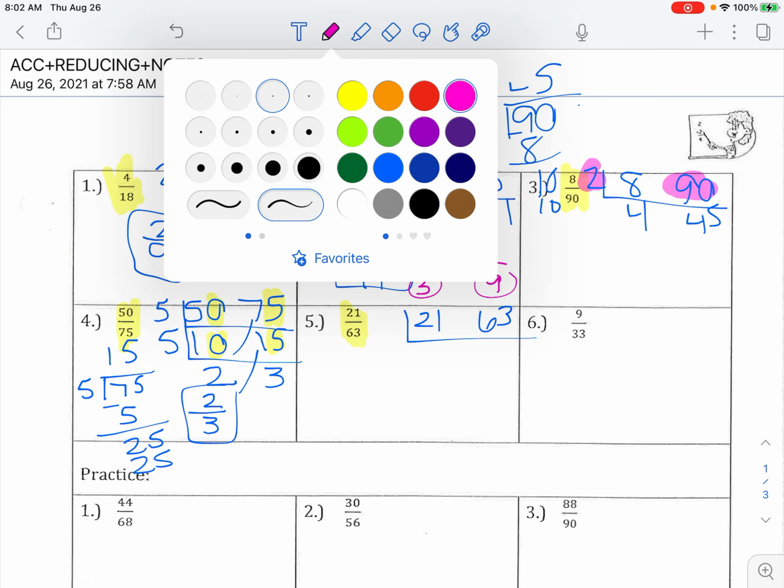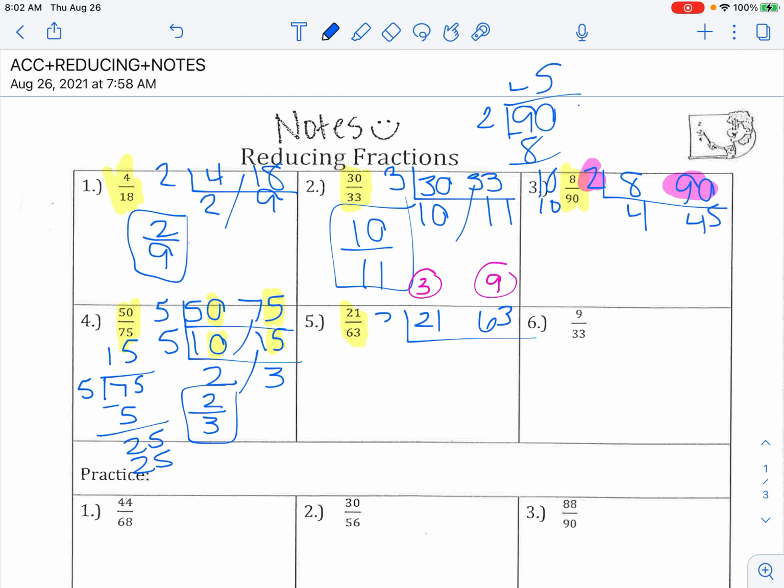Oh, that means I can divide them by 3. So I know 3 times 7 is 21. I'm not sure what 63 divided by 3 is, so I'm going to come over here and do some long division. So 3 times 2 is 6, and 3 times 1. So 63 divided by 3 is 21.